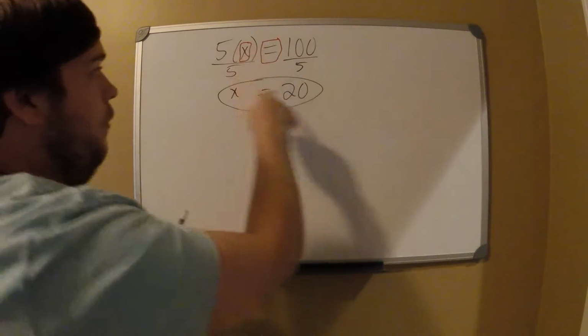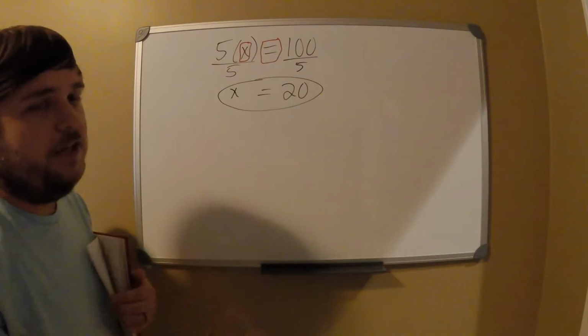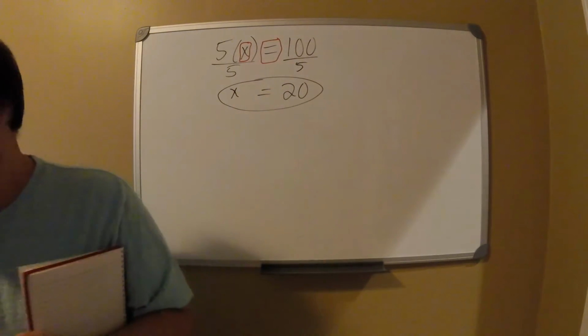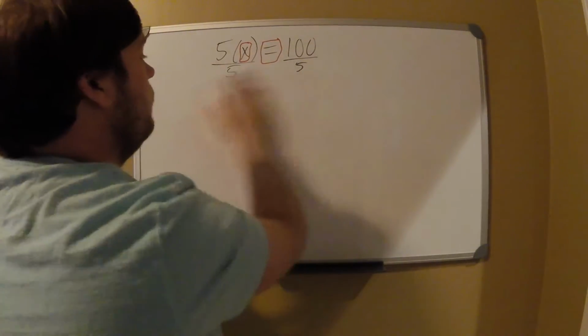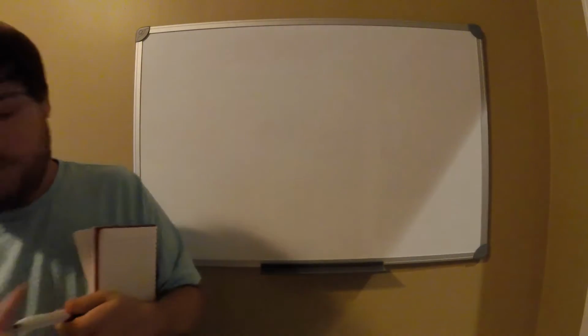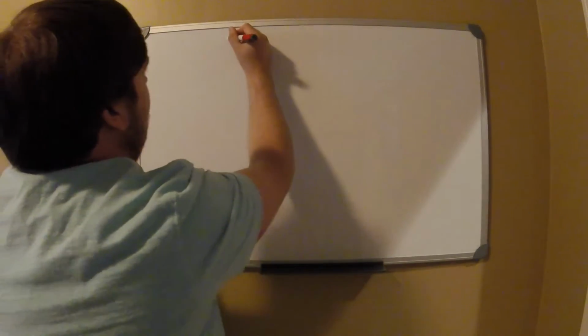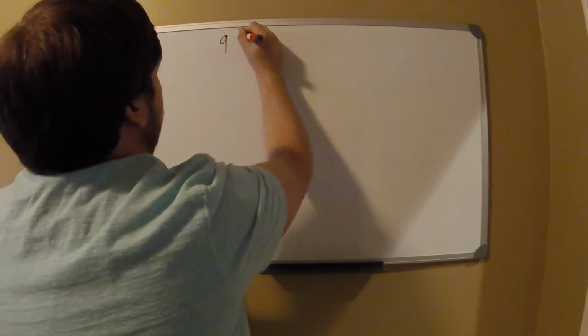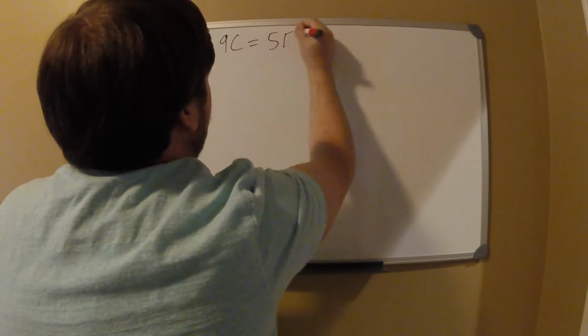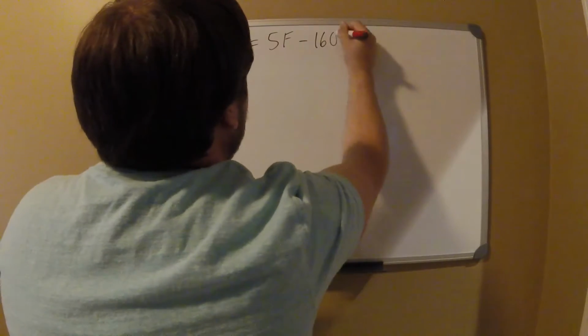Now, yeah, it looks a little longer than what you did in your head for the same answer. But when you have a longer problem, like we'll take one from a future video about temperature conversions, let's take the temperature conversion 9C equals 5F minus 160.